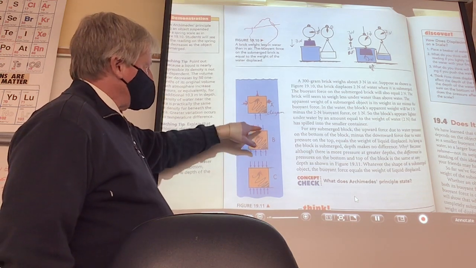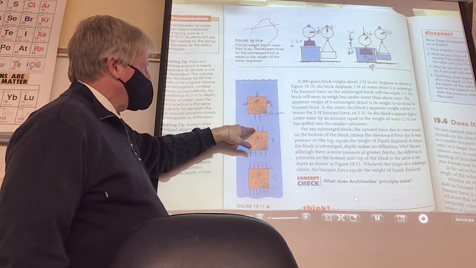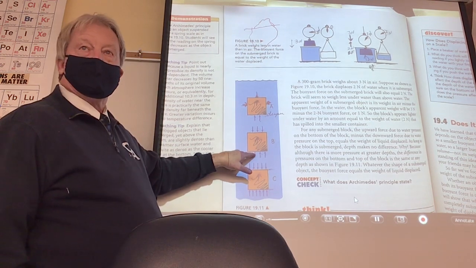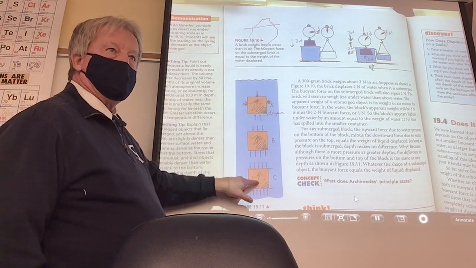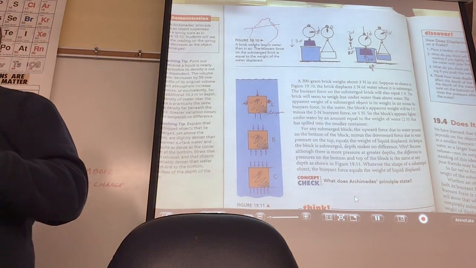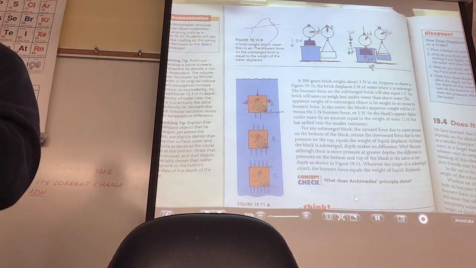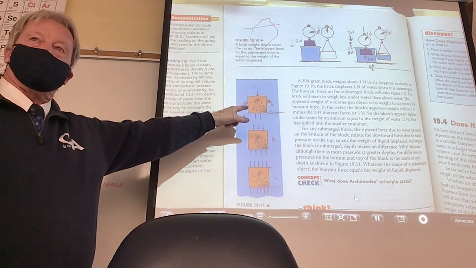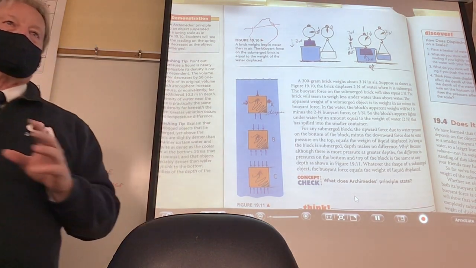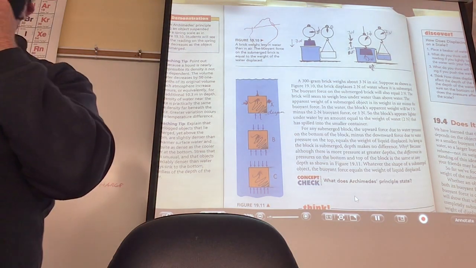If I go down deeper, now you're deeper, so there's more pressure on you, but there's also more pressure on here. Well, what's the difference in pressure? 1 up. 1 up. So even if I go deeper, I still get the same buoyant force. And that's going to be important to you, okay? Everything has to do with that volume right there. What aspect of that cube displaces water?